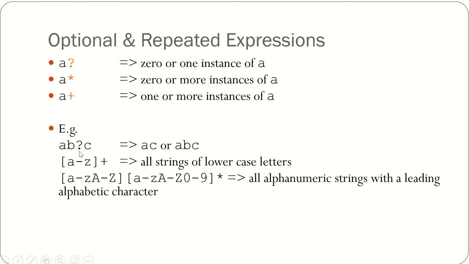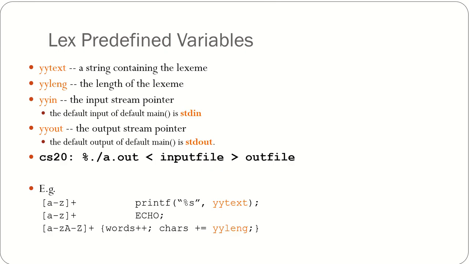For example, ab question mark c matches ac or abc, because the question mark specifies 0 or 1. Even if this particular b is there or not, ac will be recognized. One or more instances, or 0 or more, so abc will be recognized. a-z plus matches all strings of lowercase letters. This is a regular expression for recognizing all alphanumeric strings with a leading alphabetic character.